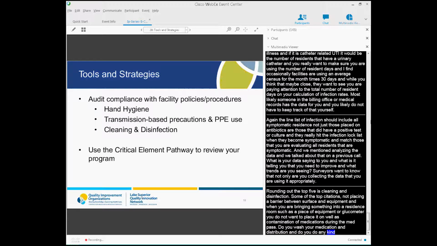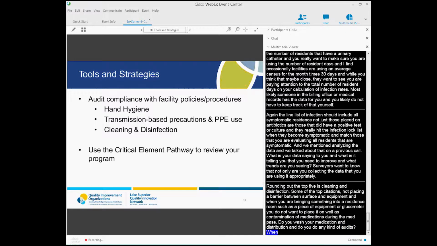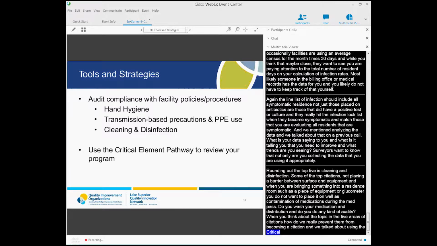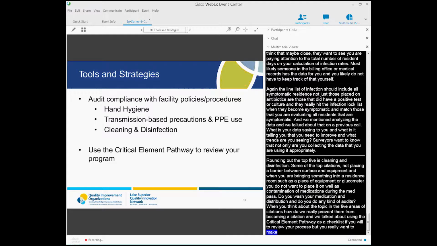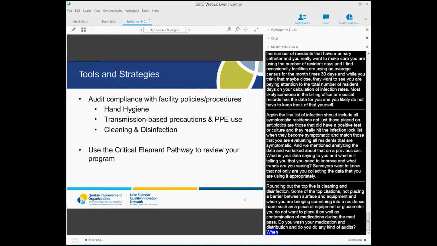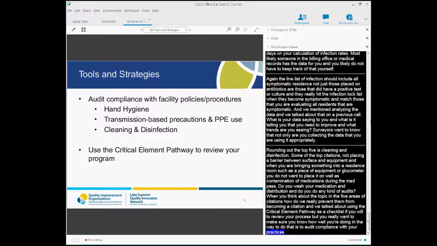So when you think about those top 5 areas of citations, how do we really prevent them from becoming a citation? We talked about using that critical element pathway as kind of a checklist, if you will, to review your process. But you really want to make sure that you know how well you're doing. And the way to do that is really to audit your compliance with your practices and procedures. You want to, at a minimum, audit your hand hygiene.